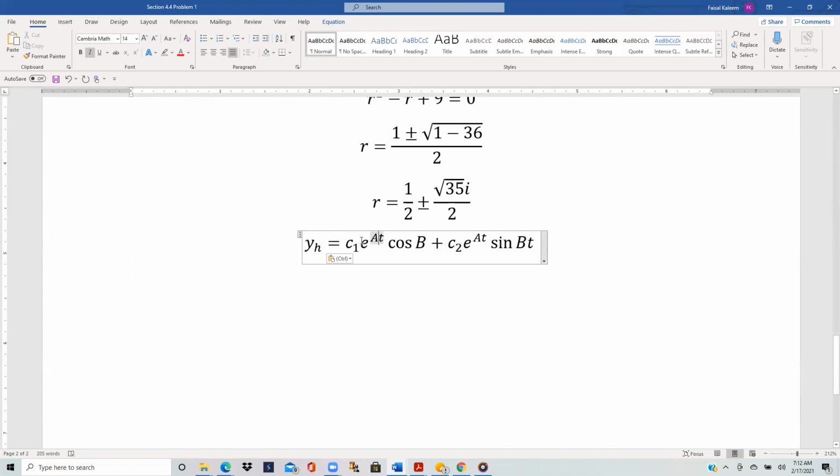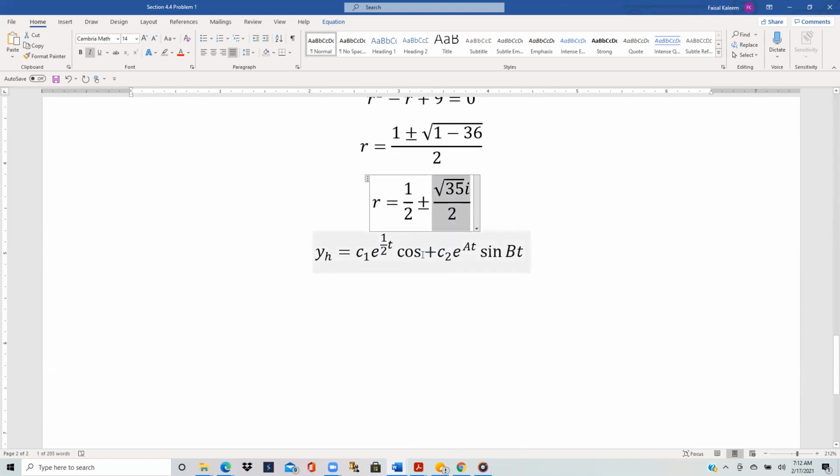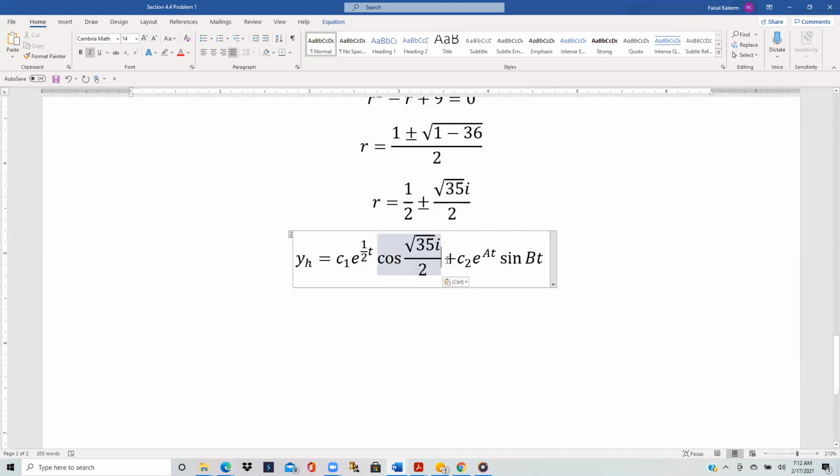And A in this case will be 1/2. And B will be square root 35 by 2. And similarly here, A is 1/2 and B is square root 35 by 2.